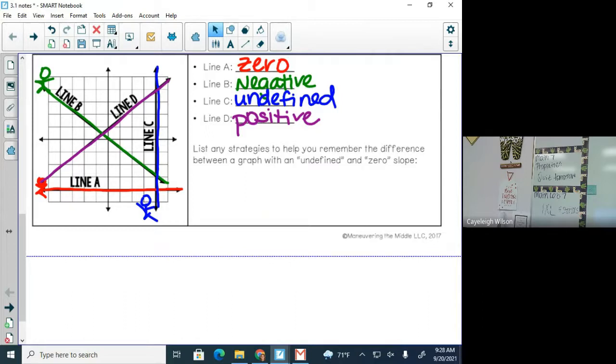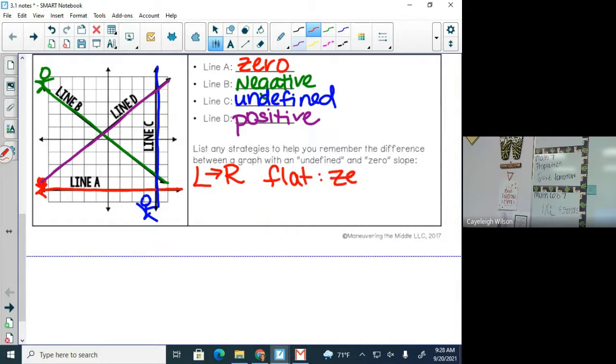Okay, so it says list any strategies to help you remember the difference between a graph with an undefined and a zero slope. So we said that we read things from left to right, right? And if it's flat, then we know that it's a zero slope, because there's no incline to it. He doesn't have to go up or down.